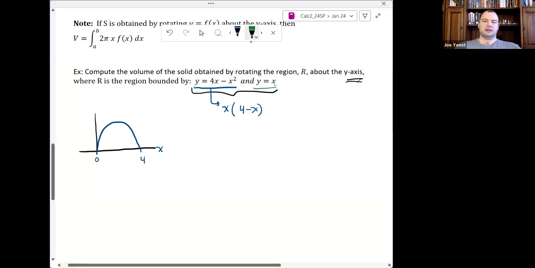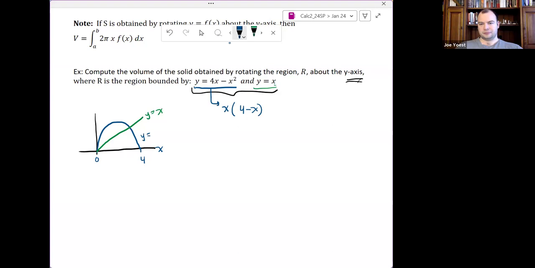We have another curve, y equals x. So this is our region.